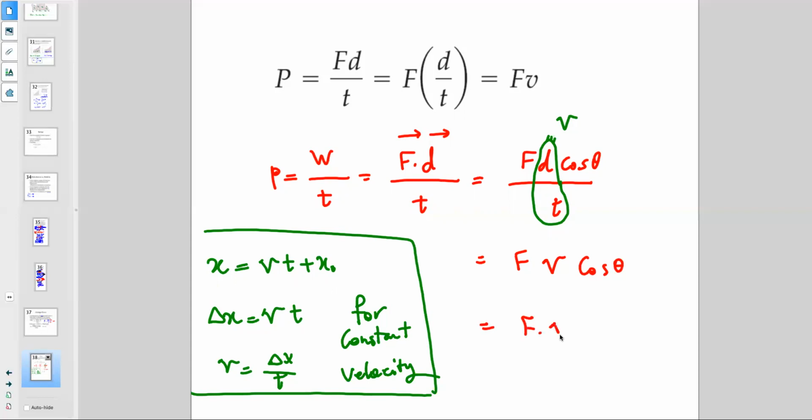Or I can write it this way, F dot v, the dot product, because velocity would have the same direction as the displacement.